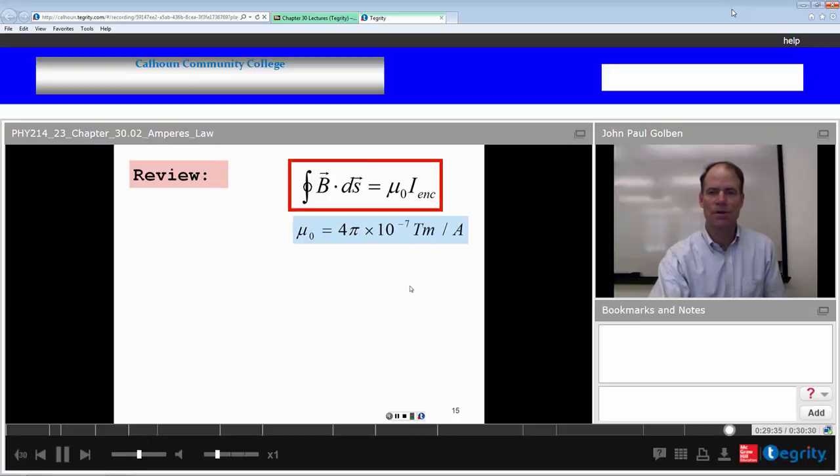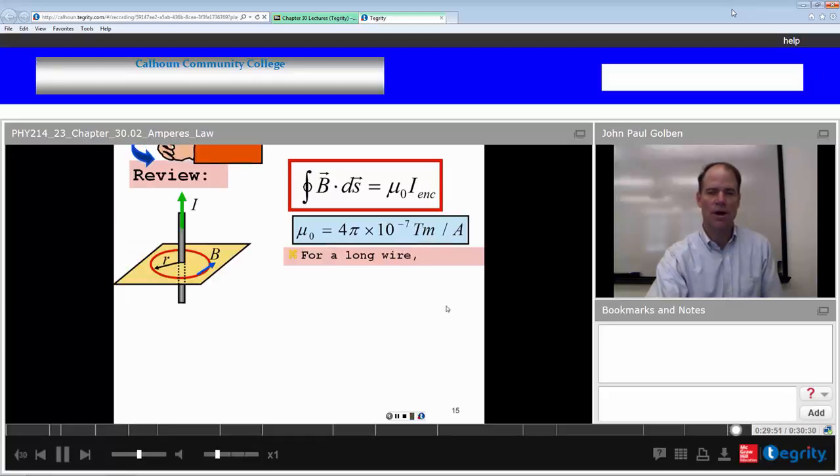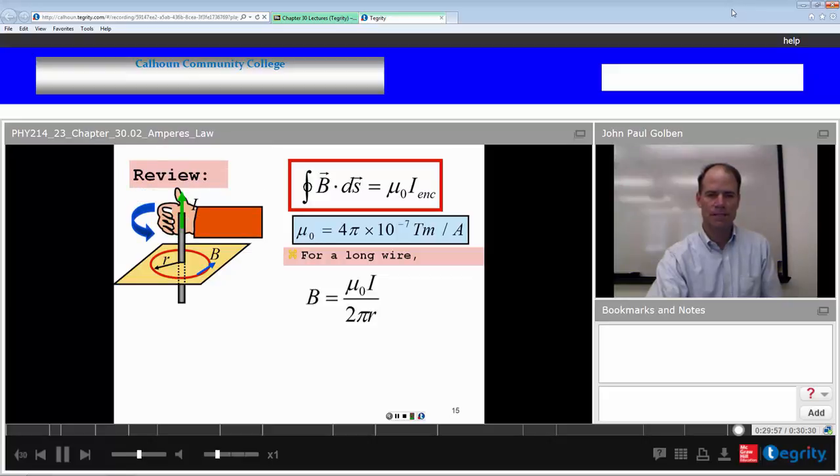So, review: we have Ampere's law. The integration of a magnetic field around a closed path is proportional to the current enclosed by that path. Mu naught is the magnetic permeability of free space, 4 pi times 10 to the minus 7. For a long wire, the magnetic field by Ampere's law is mu naught I over 2 pi r, where r is your distance away from the wire.